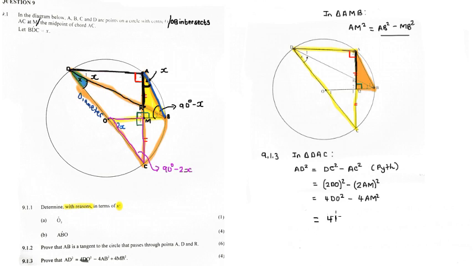We're going to have 4DO squared minus, we still have that 4 on the outside, substituting AM squared, which is AB squared minus MB squared. Simplifying again, we're now going to have minus 4AB squared, and then plus 4MB squared, and all of this is equal to AD squared.